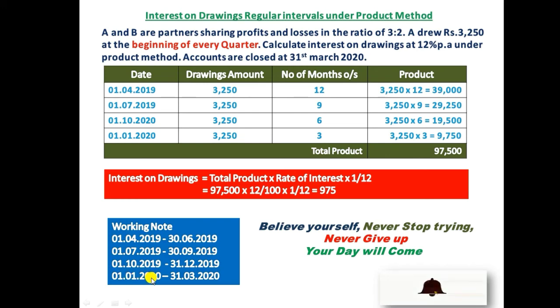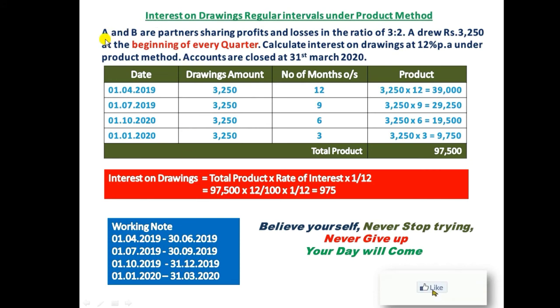So every 3 months a quarter begins. And if it is the end of the quarter, 30/6/2019 is the end of the first quarter, 30/9/2019 is the end of the second quarter, 31/12/2019 is the end of the third quarter, and 31/3/2020 is the end of the last quarter, the fourth quarter. So if it is the beginning of every quarter, we should use the beginning dates, and if it is the end of every quarter, we should use these dates.